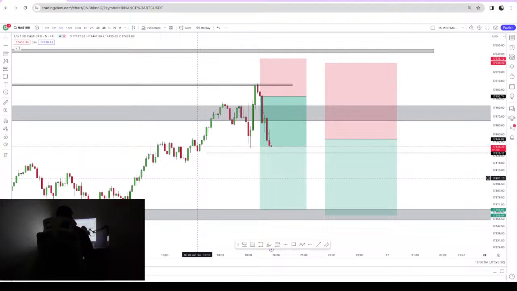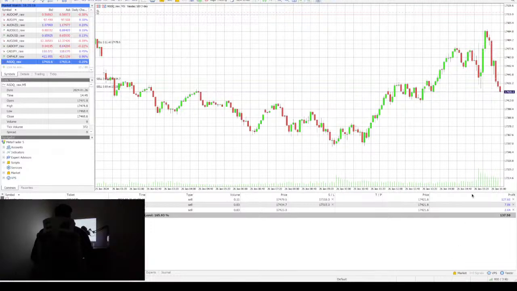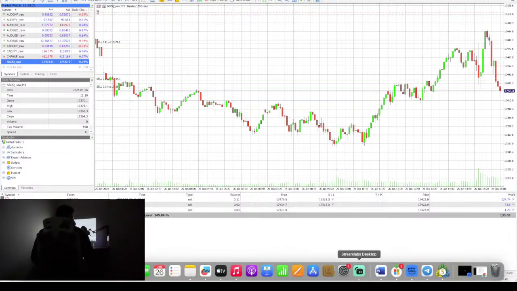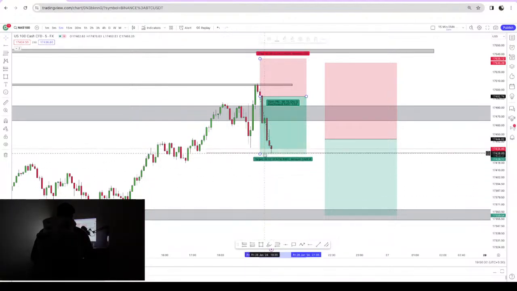So I'm adding a little more position, 0.02 lot or 0.03, I have done. So first TP is hit. You can see I have added one more 0.03 position. So first TP of 1:1.5 is completed.